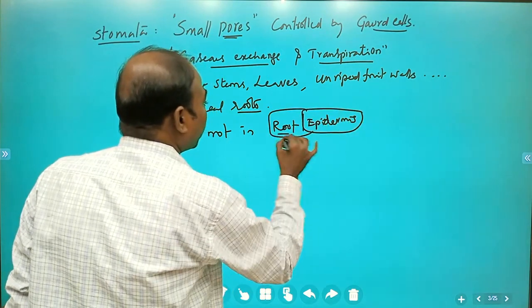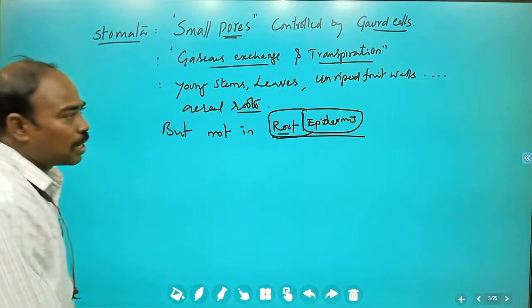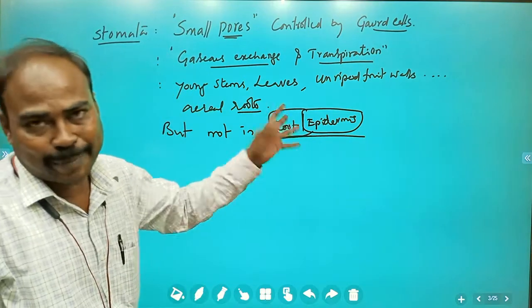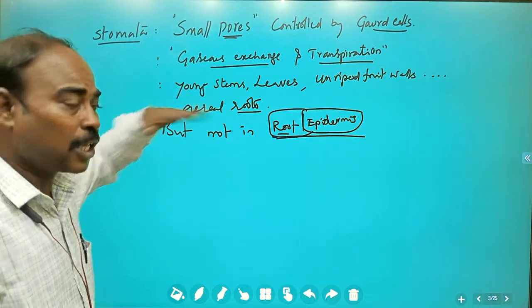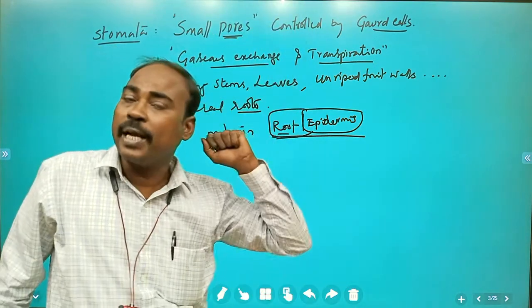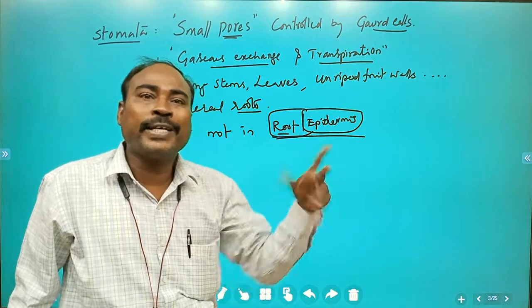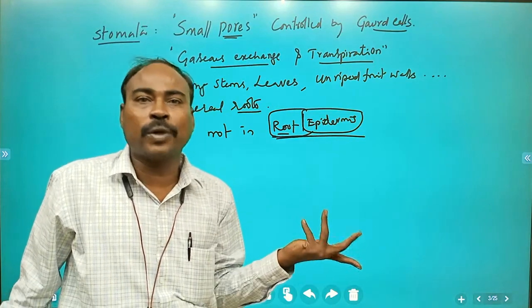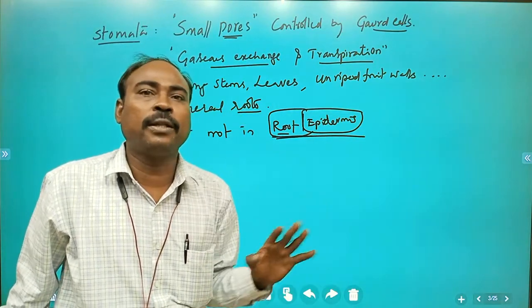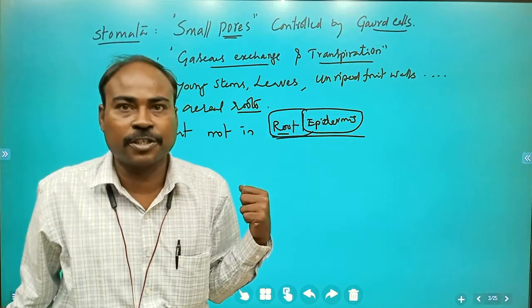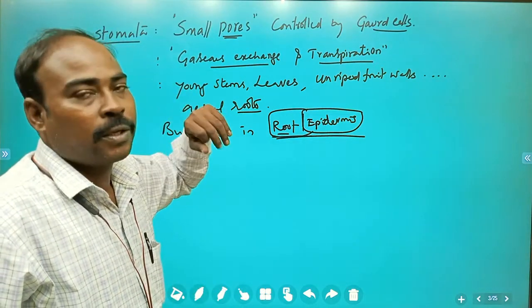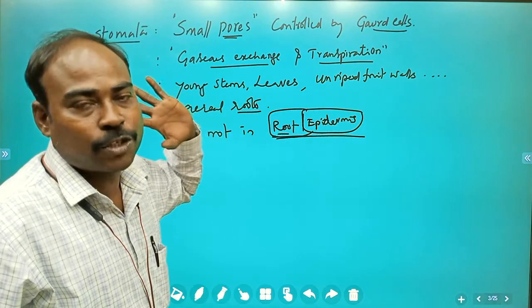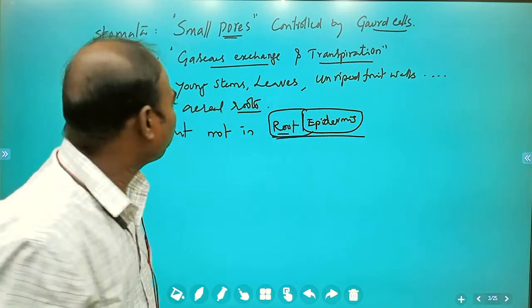So both cuticle as well as stomata are not found in root epidermis, right? Because roots are generally found inside the soil, there is no need for exchange of gases. There is no need for transpiration. Within the soil, the root cannot perform these two functions. Hence, the stomata as well as cuticle are absent in the epidermal system of root.